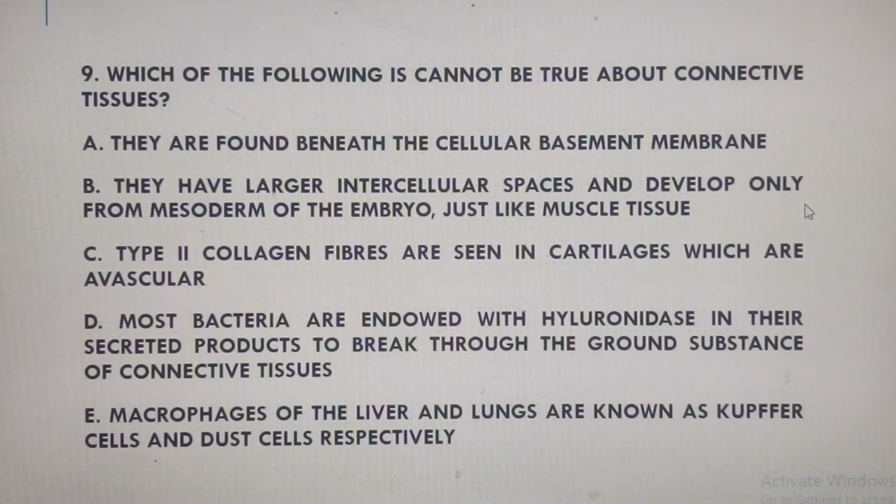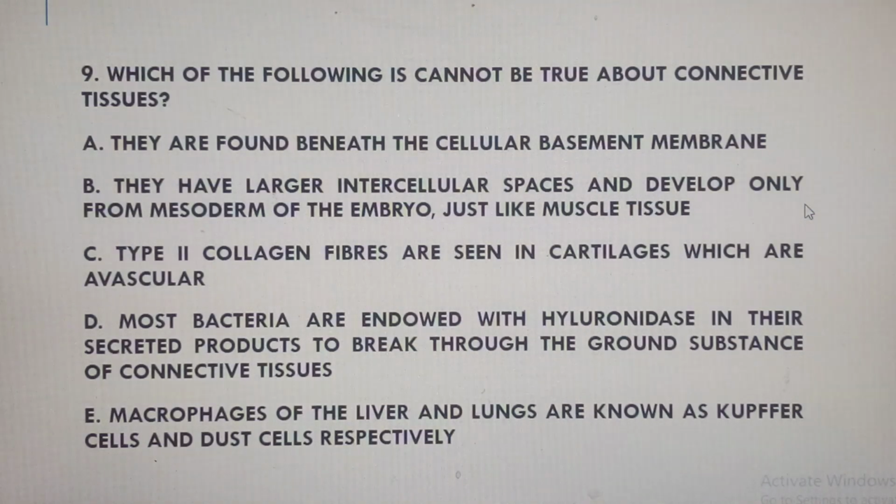But let's move on. Option B says they have larger intercellular spaces and develop only from mesoderm of the embryo, just like muscle tissue. Yes, we already established that the embryo will have 3 layers. The embryo will have endoderm, mesoderm, and of course ectoderm.